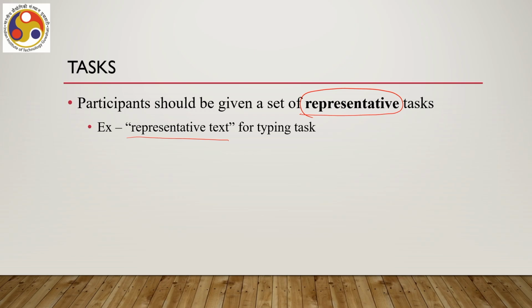So, any random text is not an example of a representative task when we are comparing typing interfaces. Suitably chosen text strings are representative tasks, chosen based on certain metrics and measures, which we are not going to discuss any further. However, just to give an example, carefully choosing a representative task is also very important.